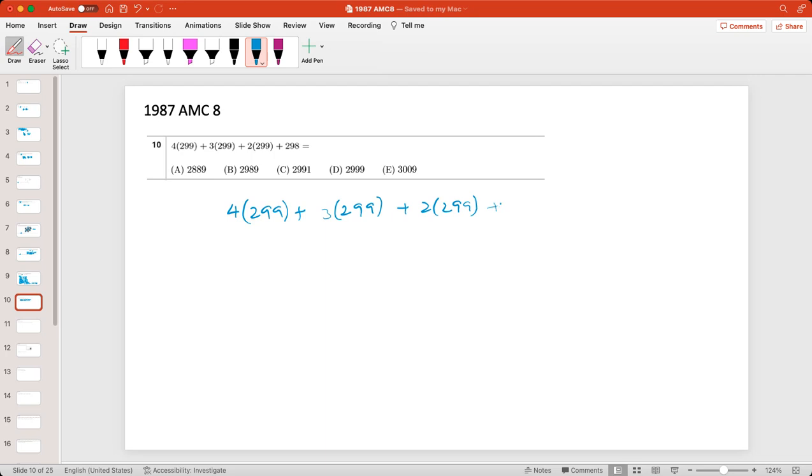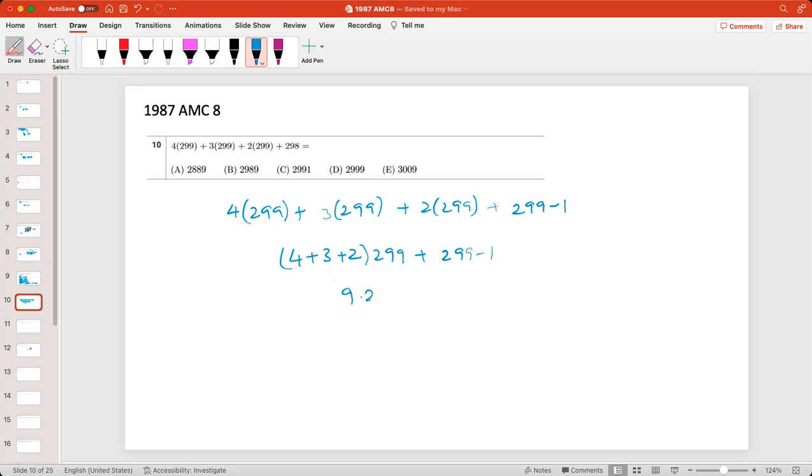Now this 298 can be written as 299 minus 1. And what I'm going to do is take 299 out of the bracket. So this is nothing but (4 plus 3 plus 2) into 299 plus 299 minus 1.